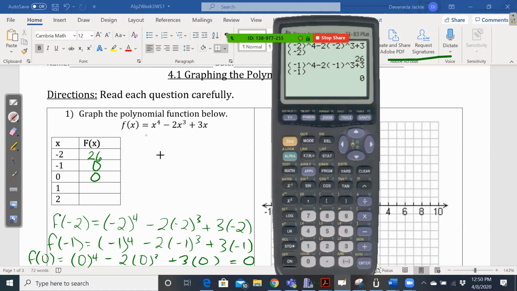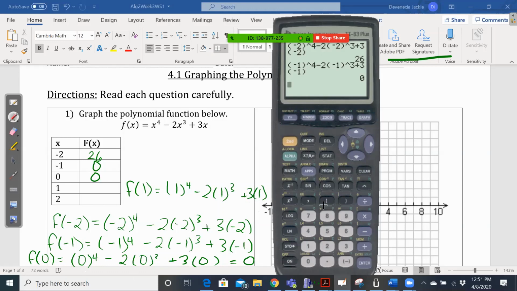And now I'm going to do the same thing for f of 1. Over here, it's going to be 1 to the 4th power minus 2 times 1 to the 3rd power plus 3 times 1.